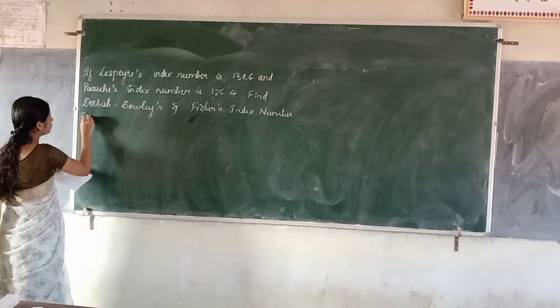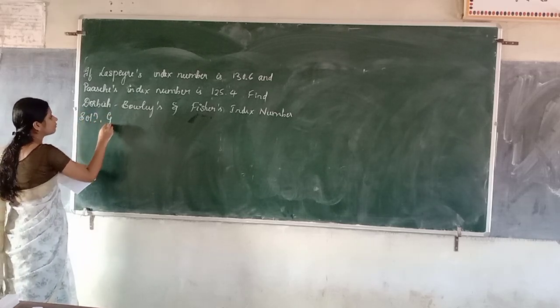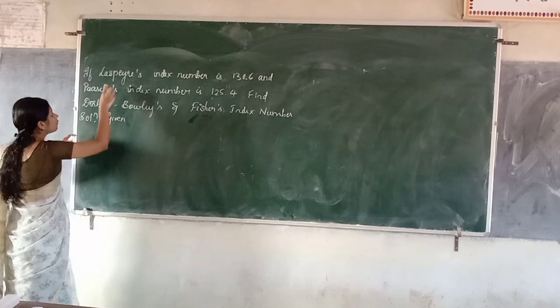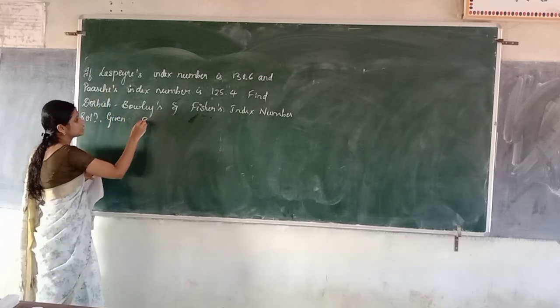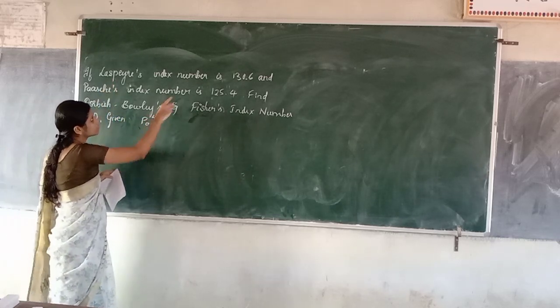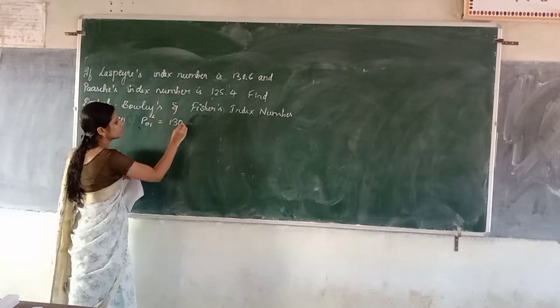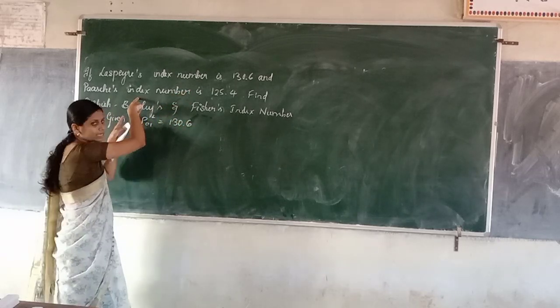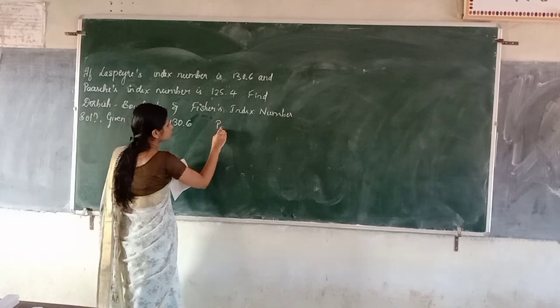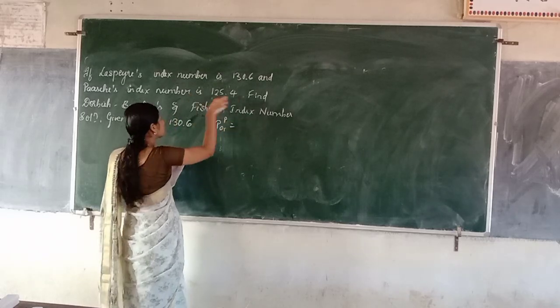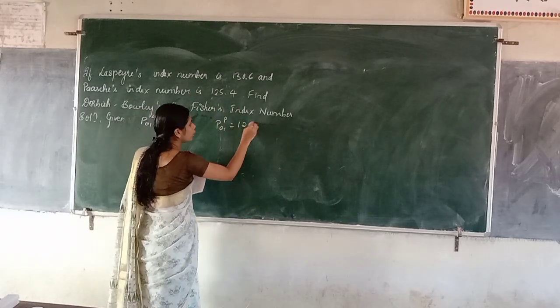So in the solution, we are going to write given. What is given to us? First of all, last year's price index number is given, that is P01L is equal to 130.6, and then past year's price index number, that is P01P is equal to 125.4.